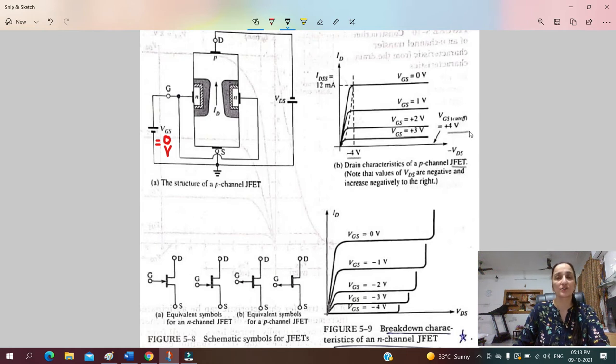For P-channel, pinch off is positive. And what will happen during this pinch off? It means that the width of this depletion layer and this depletion layer increases so much that they both touch each other and the channel becomes quite narrow.